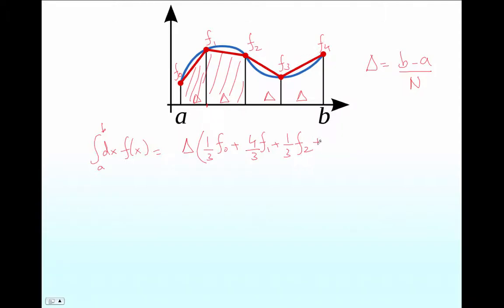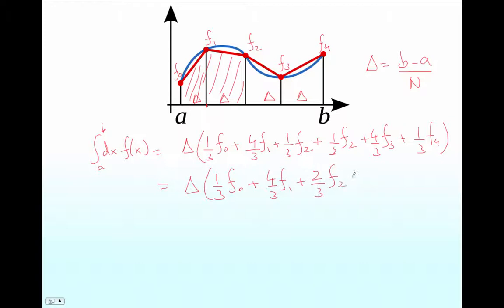And of course, I should then have 1/3 f2 plus 4/3 f3 plus 1/3 f4. And now let's just add up the various terms. So I have 1/3 f0 plus 4/3 f1 plus 2/3 f2 plus 4/3 f3 plus 1/3 f4.